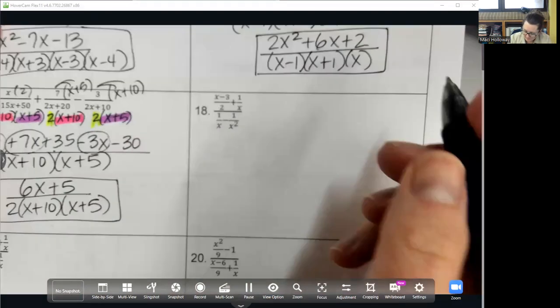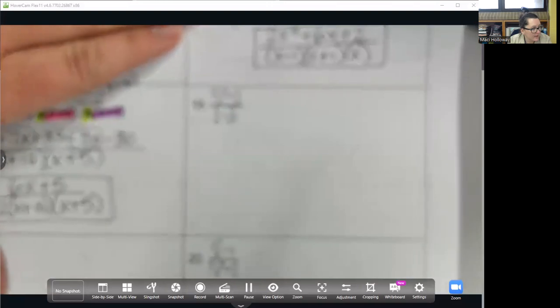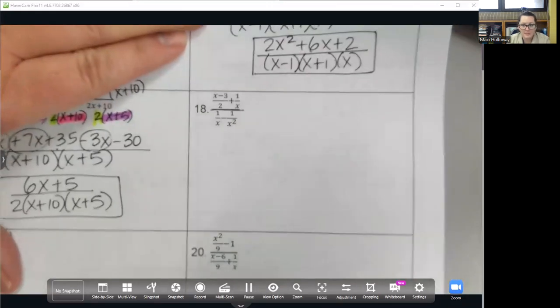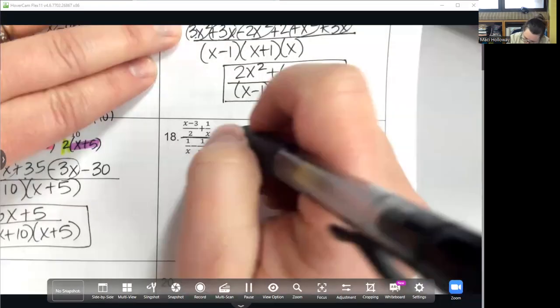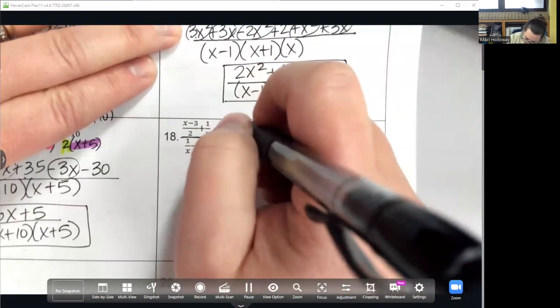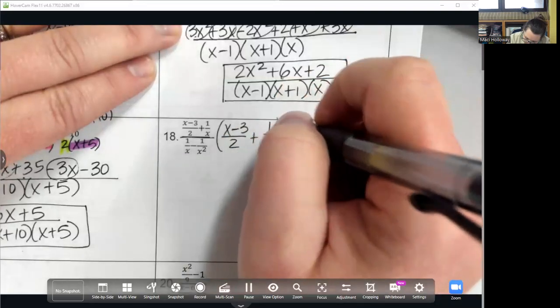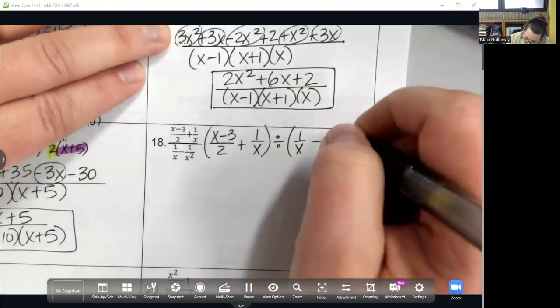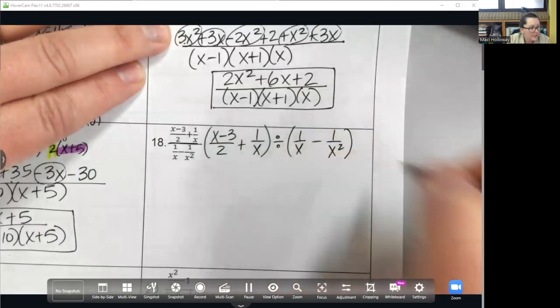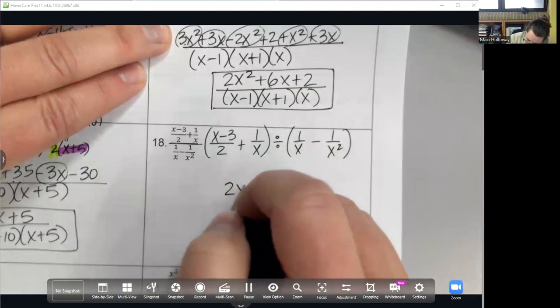All right, keep going. Number 18. Best thing I can tell you to do is write this horizontally. That means divide. It's just a multi-step, so it's going to be like doing it multiple times. So we have x minus 3 over 2 plus 1 over x divided by 1 over x minus 1 over x squared. So I need common denominator here. It's 2x.